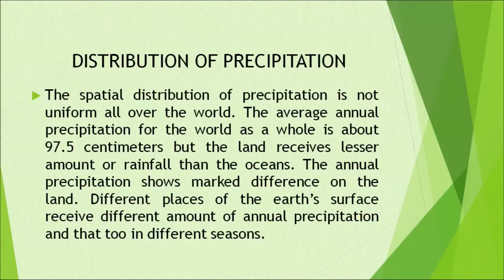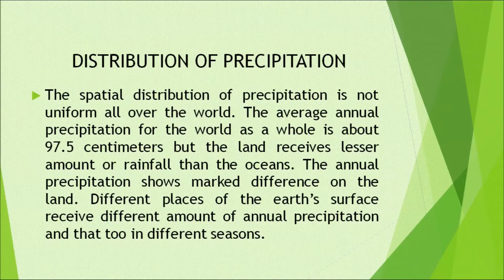Distribution of precipitation. The spatial distribution of precipitation is not uniform all over the world. The average annual precipitation of the world as a whole is about 97.5 centimeters. But the land receives lesser amount of rainfall than the oceans. The annual precipitation shows marked difference on the land.